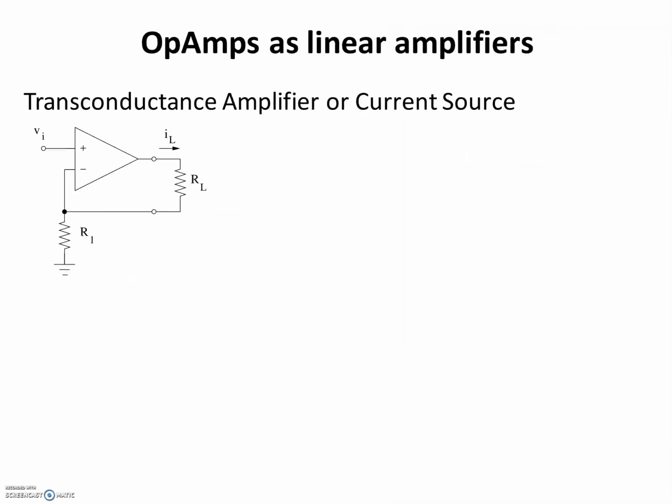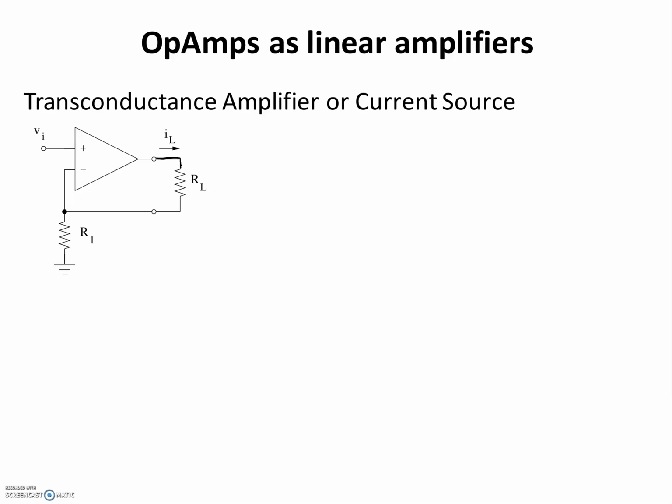Okay, so let's look at the second application of this op-amp circuit, as a transconductance amplifier or a current source. In this circuit, the output, which is the current that flows through the load, is proportional to Vi, and we're going to show that it is independent of the value of RL.